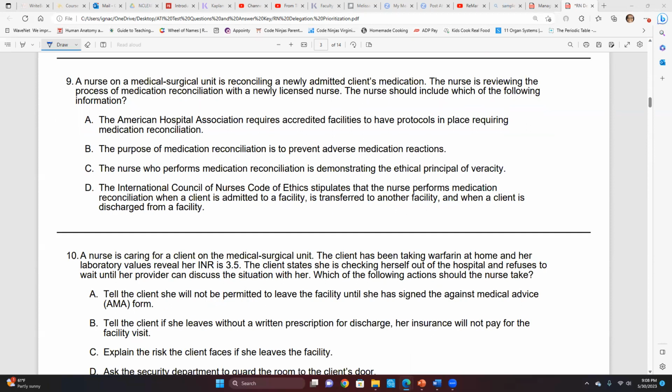The nurse is reviewing the person's medication consultation with a newly licensed nurse. The nurse should indicate which of the following information is also on medication.